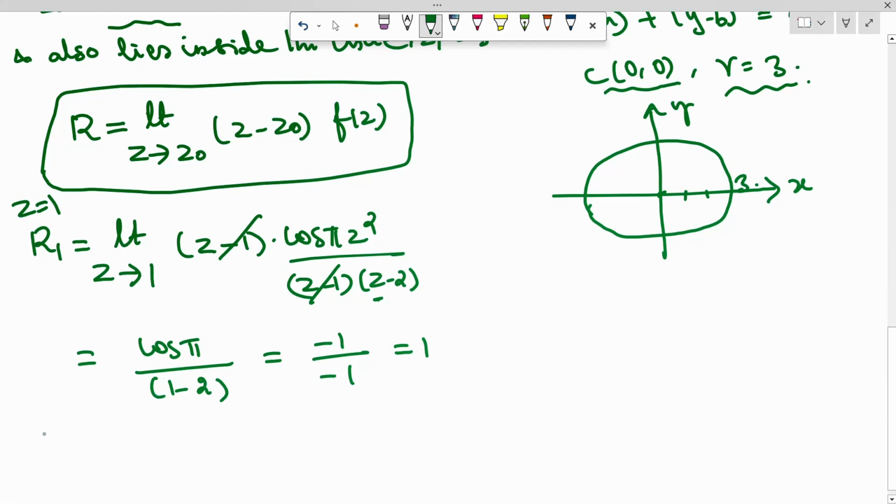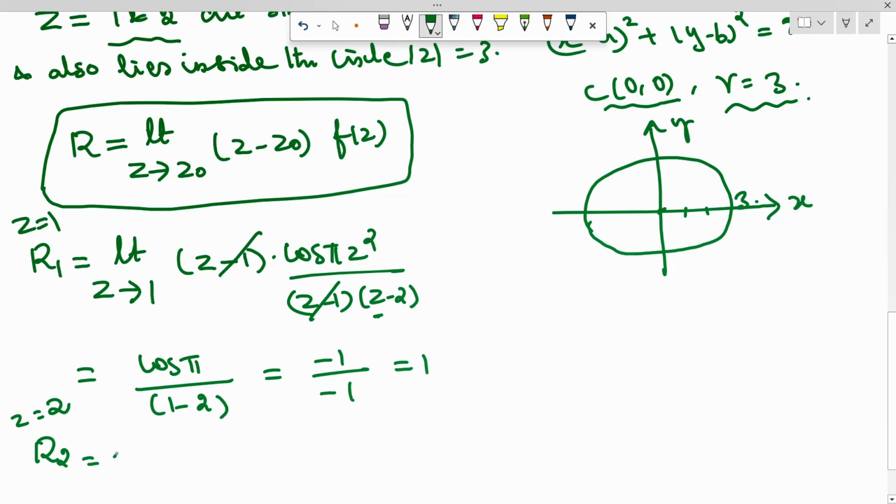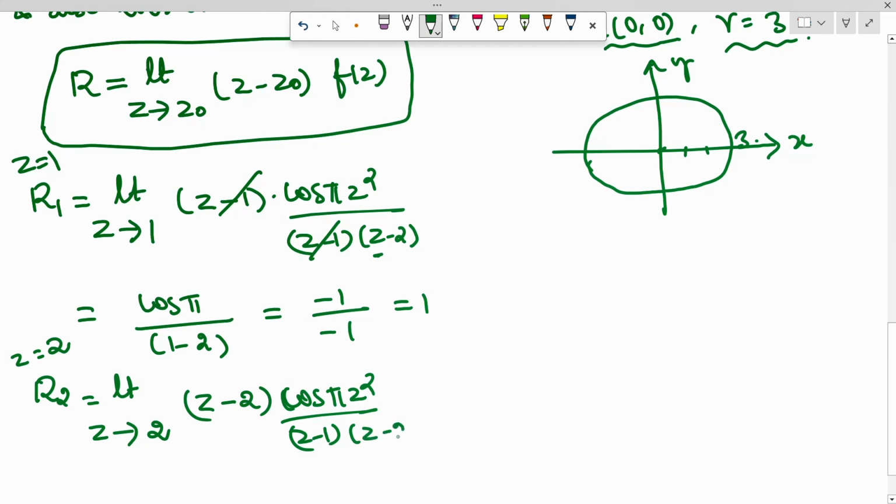In a similar way we can find R2. Take z = 2, our other pole. Now find the residue for z = 2: limit as z tends to z0, where z0 is 2, of (z − z0) times f(z), where f(z) is cos(πz²) divided by (z − 1)(z − 2).